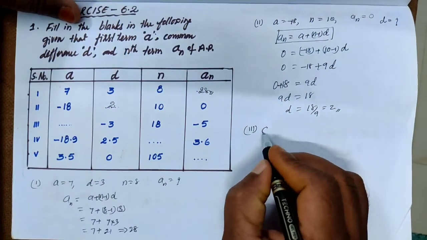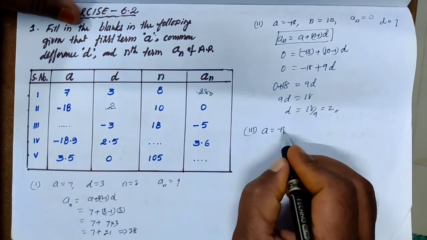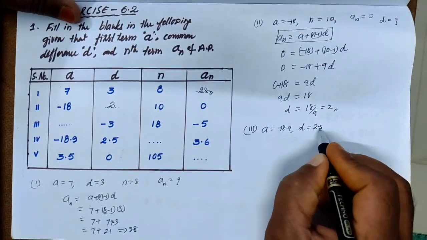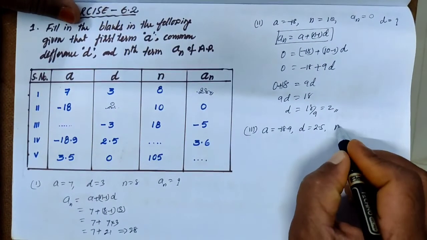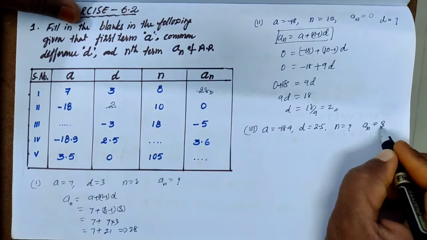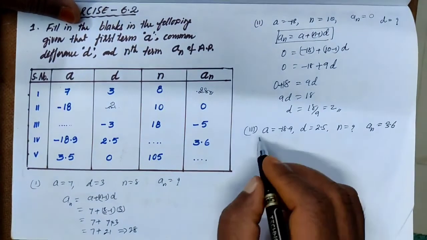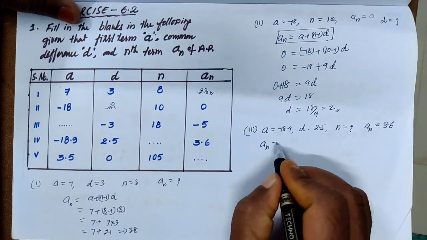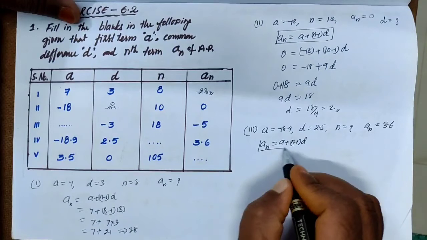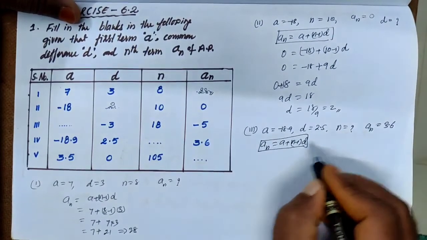Okay, so here the first term is minus 18.9, the common difference d is 2.5, and the number of terms we don't know, but the nth term is given as 3.6. Use the same formula, nth term is equal to a plus n minus 1 into d. In this formula you substitute the given values.